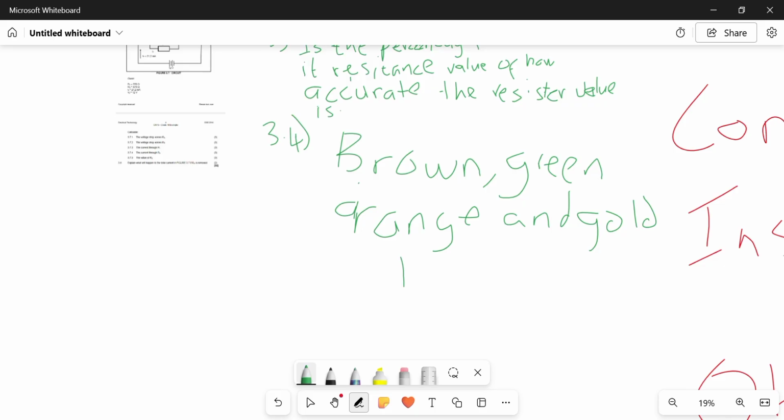On the table it says 1, green on the table it says 5. Then we look at the multiplier. Remember we say times 10 to the power of the number on the multiplier. Orange is times 10 to the power 3. Then the tolerance, plus or minus. Gold on the tolerance table is 5%.